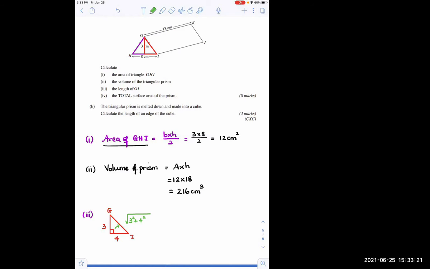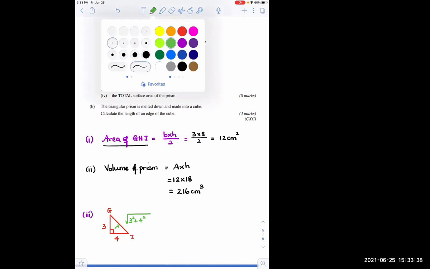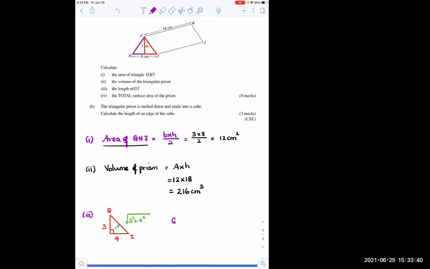The square root of 3 squared plus 4 squared. So 25, Miss. Could anybody confirm that GI is the square root of 25, which is 5 centimeters?